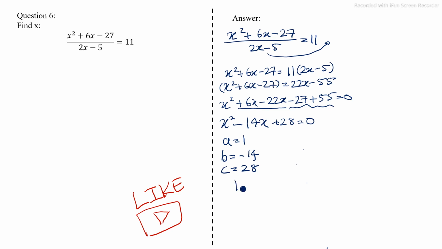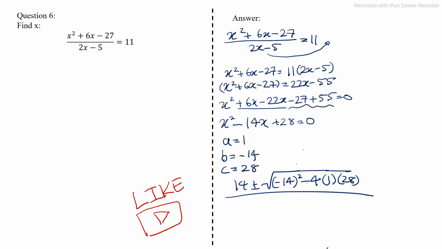So negative b plus or minus the root of b squared, so negative 14 squared, minus 4ac, divided by 2a. Okay, and therefore we can do that. 14 plus or minus the root of 14 squared, as we all know, is 196.